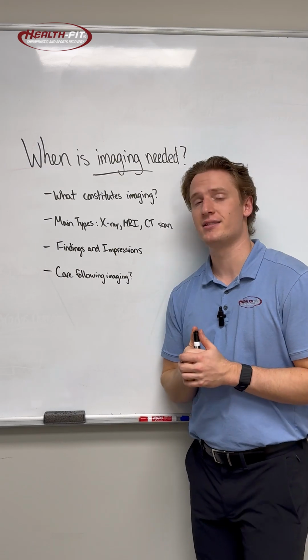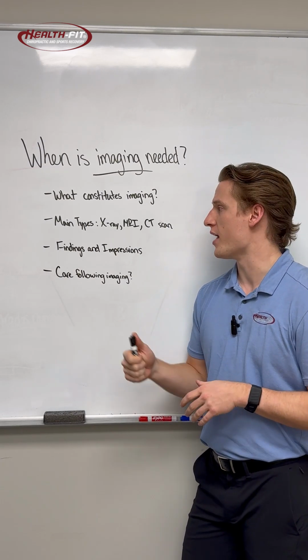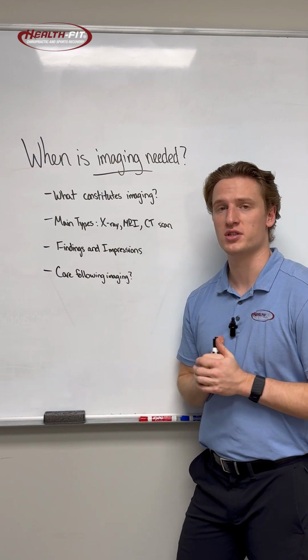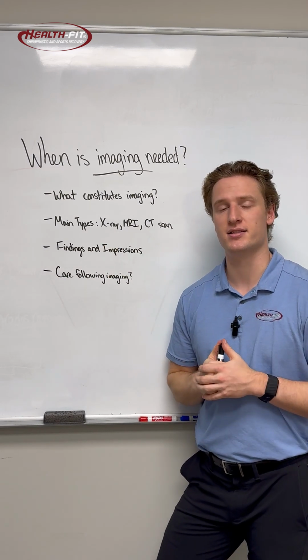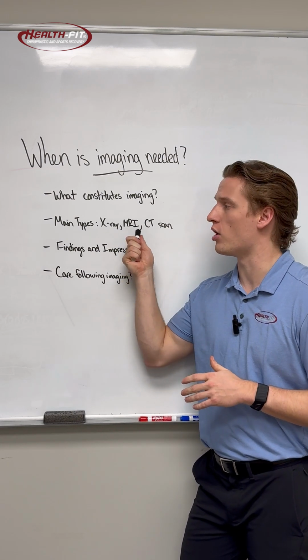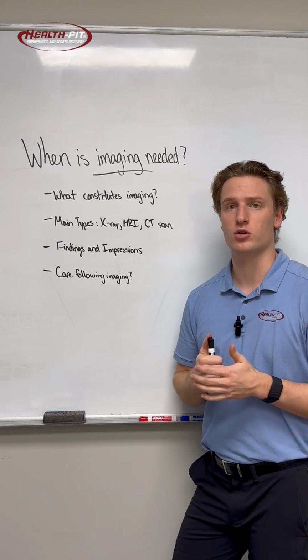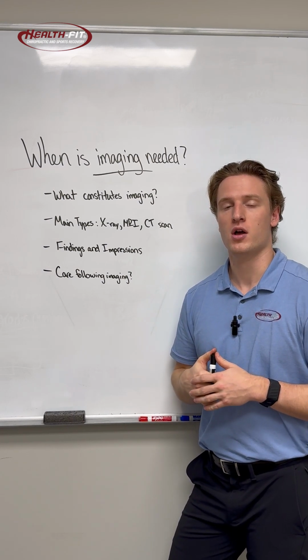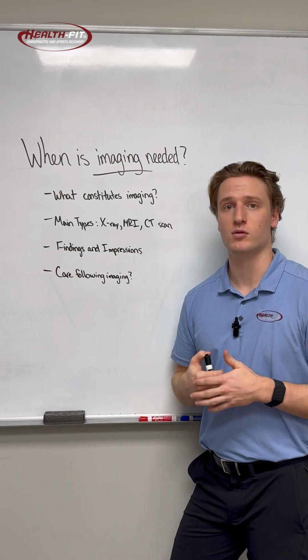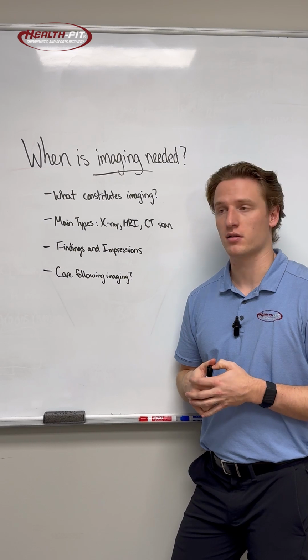There are three main types of imaging that most chiropractors will utilize, and that is X-ray, MRI, or CT scan. Now, CT scan is very rare. It's typically more so in the MRI or X-ray category. X-rays do a great job at letting us know, structurally with the skeleton and with bone, what's going on, if there's any concern or pathology there.